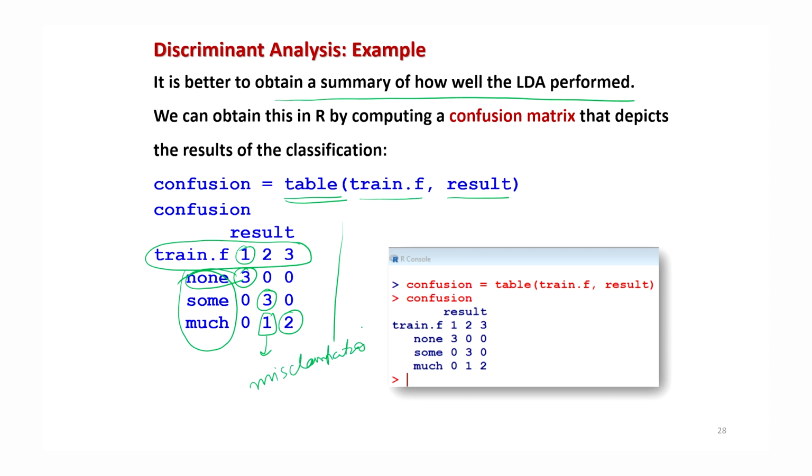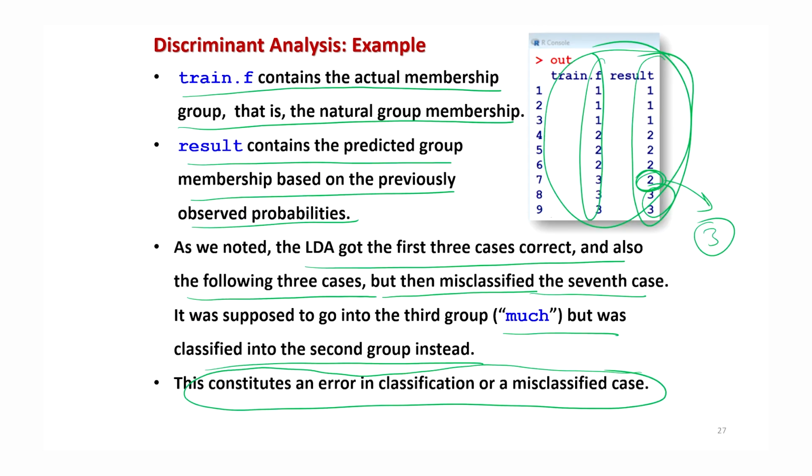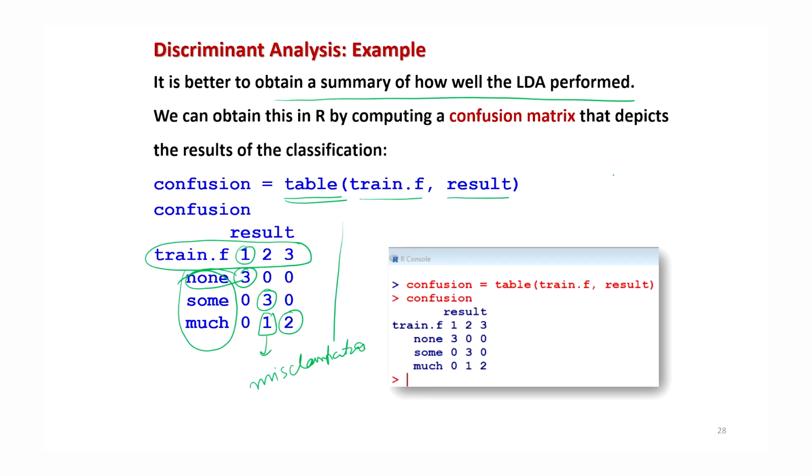That means this observation is coming from the group number 3, the class much, but it is classified into group number 2.